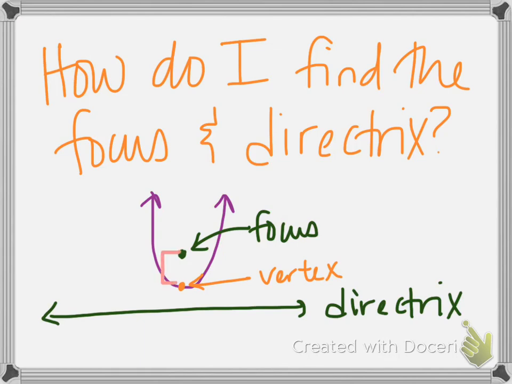We call this distance P, and it's going to be the same as this distance. So the distance from the vertex to the directrix is P, and the distance from the vertex to the focus is P. P is what we know as the focal length.